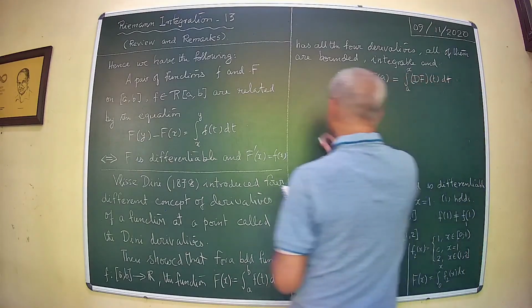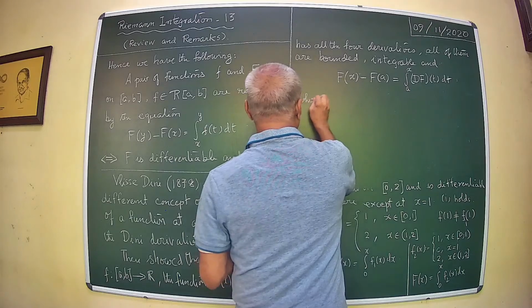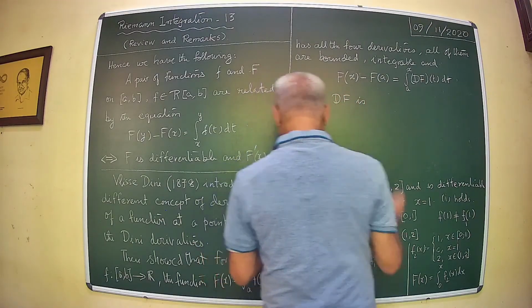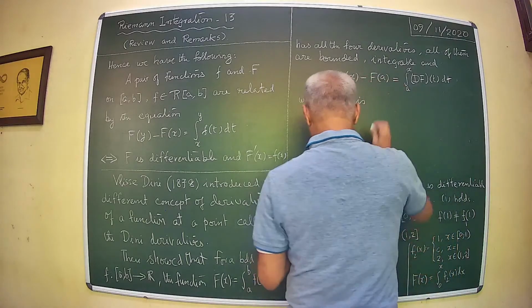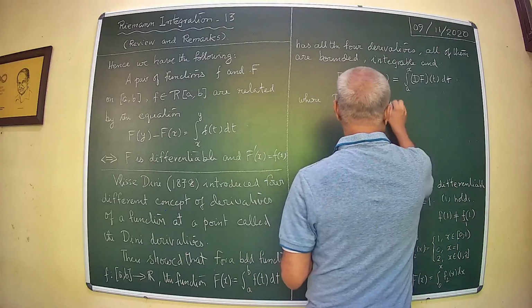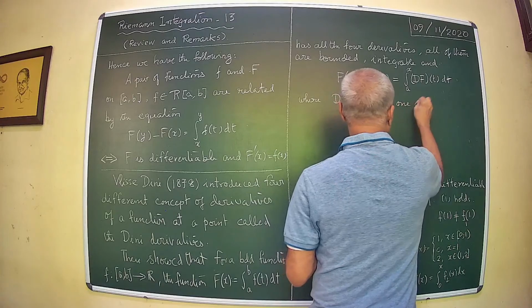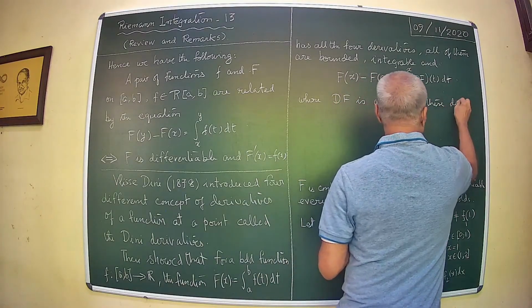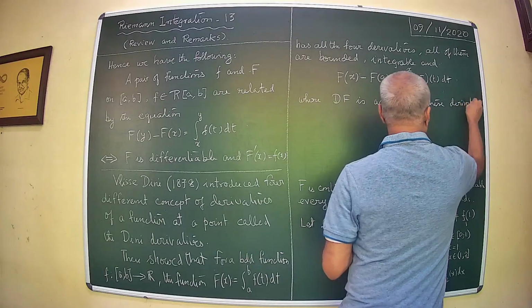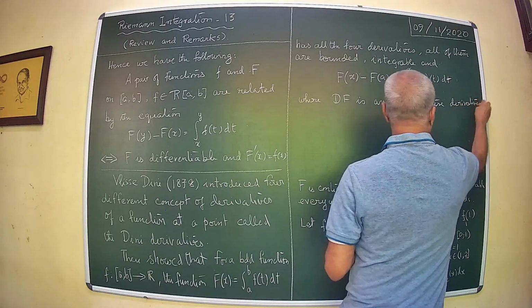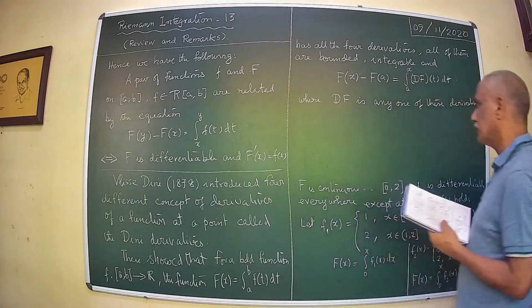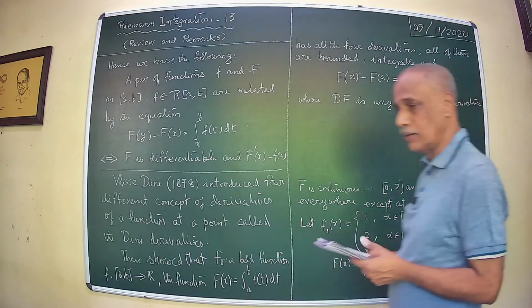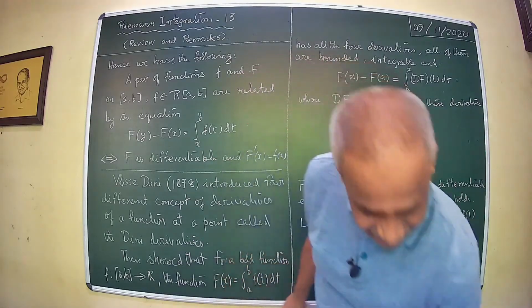where df is any one of the four. That is exactly the relation I pointed out with the example that we have looked at.